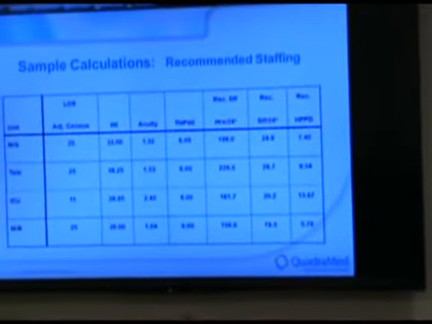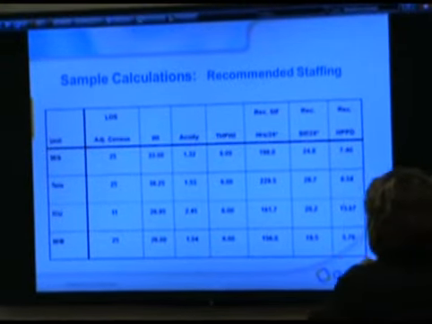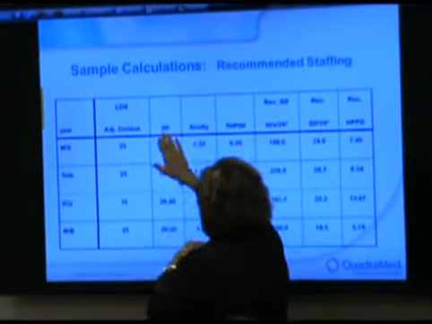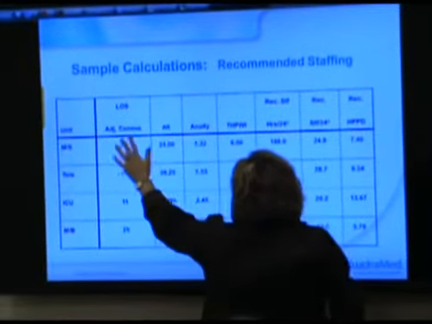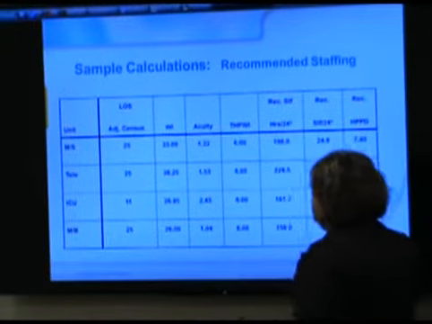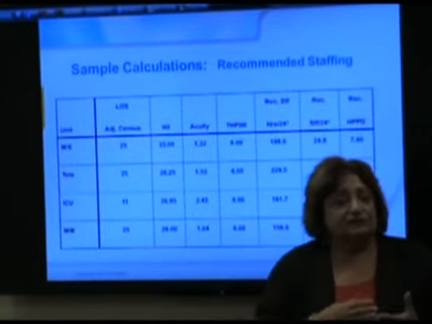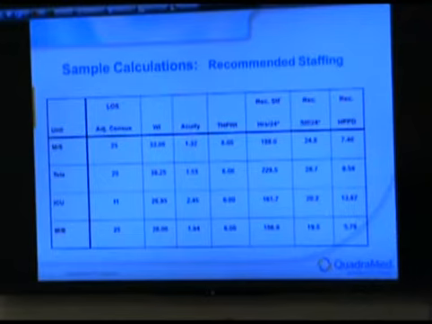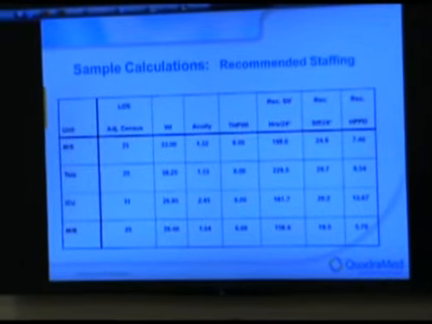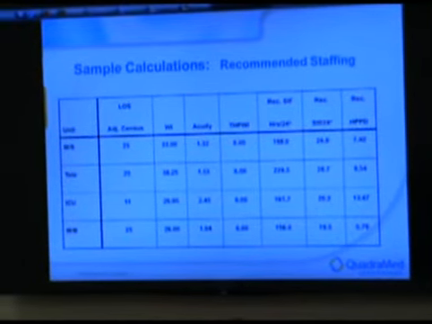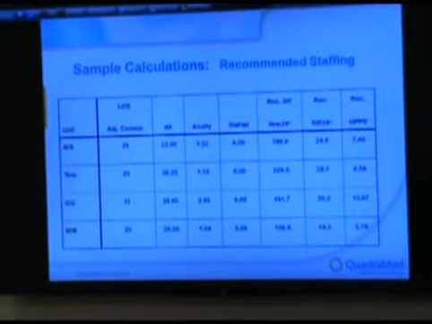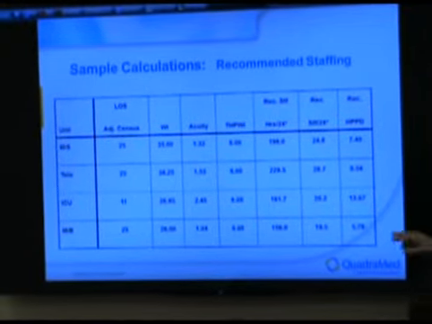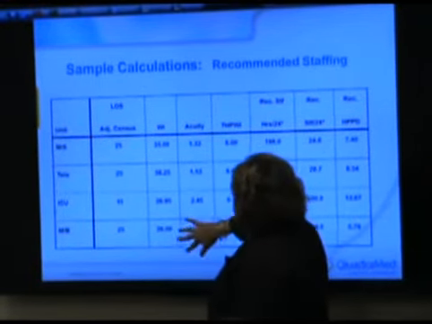Okay, now, if I were to look at these units, and we didn't look at this column, we just looked at census and acuity, would you say those units are more alike or more different? If all you were looking at was census and acuity, what would you think?